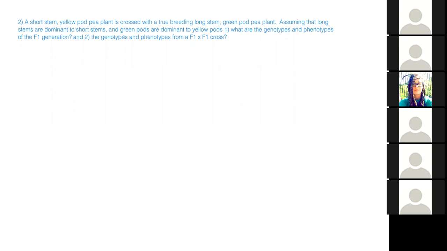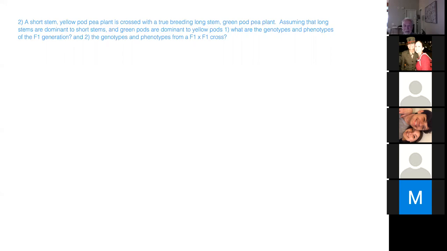So with these questions, again, we want to look at the question itself, figure out what's important here. They tell us that short stems are the recessive, long stems are dominant, yellow is recessive, and green is dominant. Another term, what does true breeding mean? When they say something is true breeding long stem green pea pod, does that mean it's homozygous?